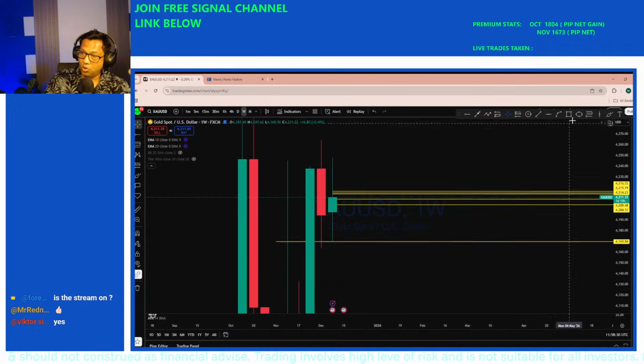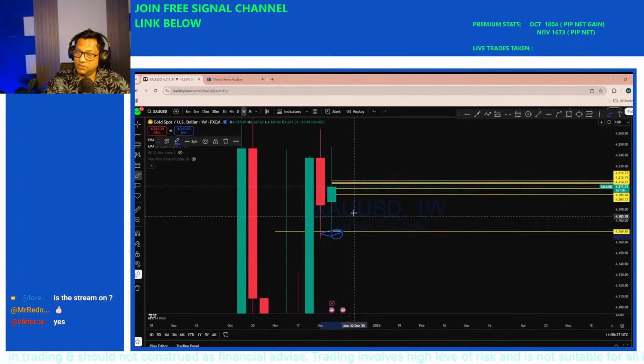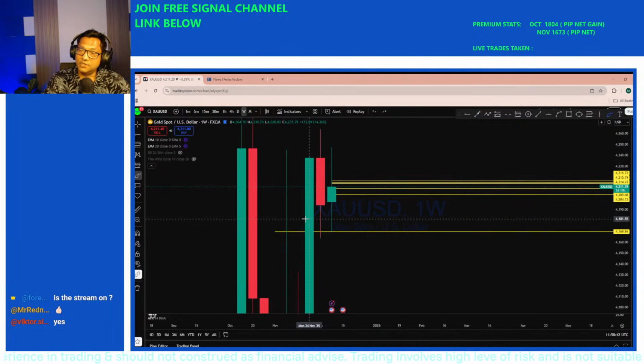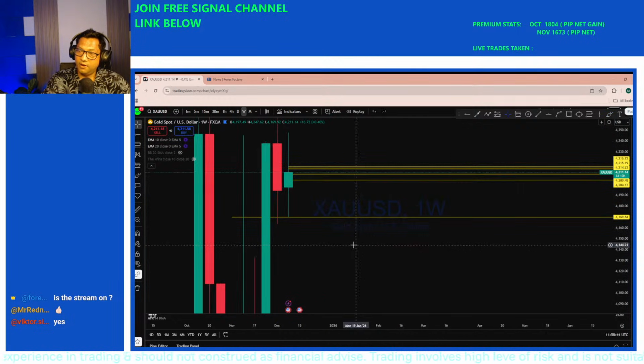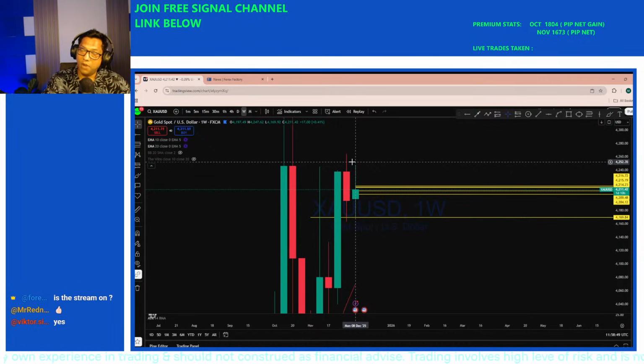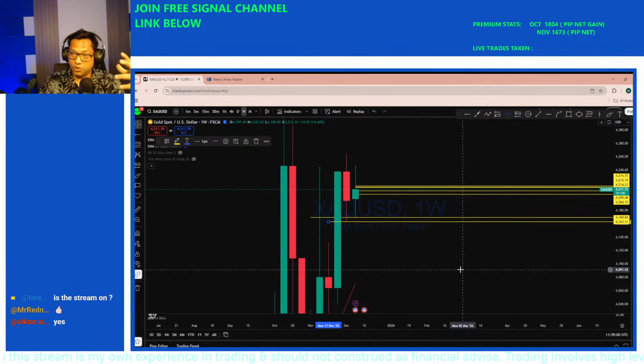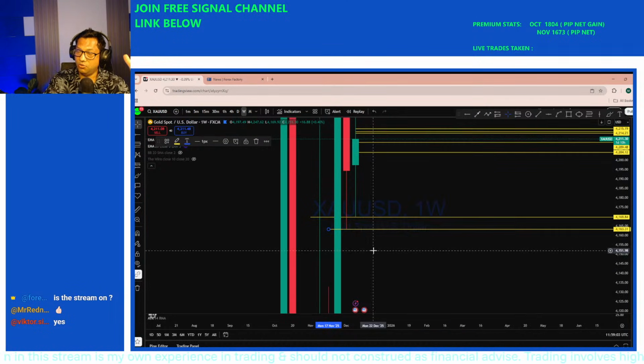Now in that long-term bullish market, if you look at this support level here, okay, this is a support, right? And the price initially bounced off that support level. Now if we look at the two weekly lows, in both of these weekly lows there's a very important level.